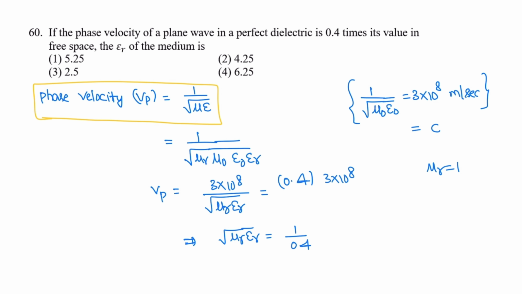From this, epsilon r is 1 by 0.4 whole square, and epsilon r is 6.25. In the question, mu r is not mentioned, so its value is assumed as 1. The correct option is 4, 6.25.